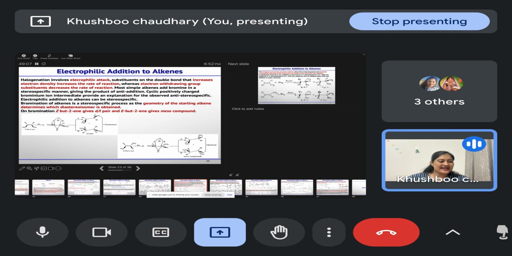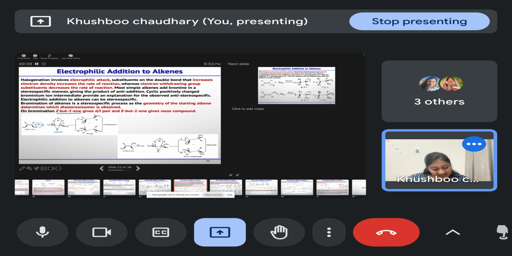The next aspect that we have to discuss is when halogens react with your alkene. The geometry of the alkene will decide whether diastereomers, enantiomers, or a meso product will form. For example, in the case of Z-2-butene, after the formation of the bromonium ion, bromide can attack either carbon from the opposite face.